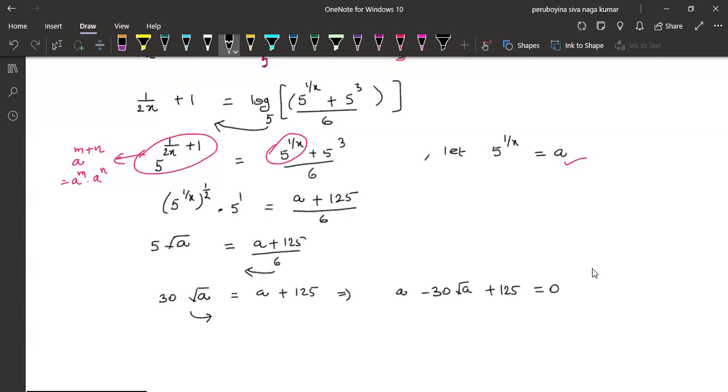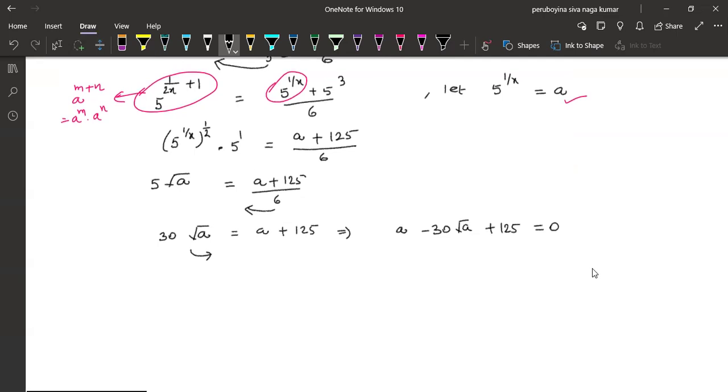Is it possible? If it is not possible, in this step we will do a whole square, but there we are getting a large number. Okay, let's figure it out. Suppose you can write a as root a square, and this is a quadratic equation in terms of root a.